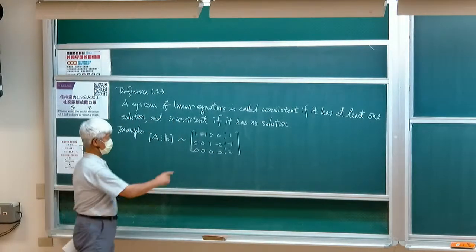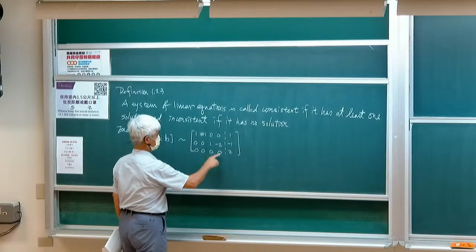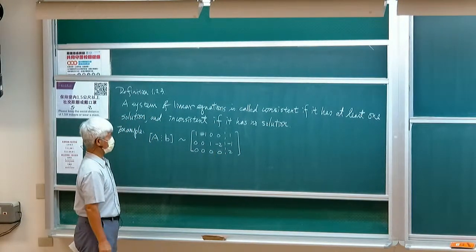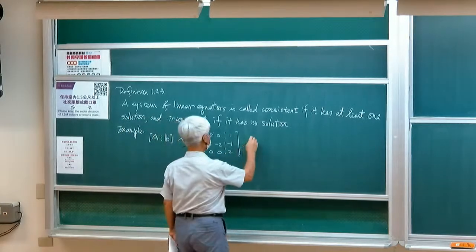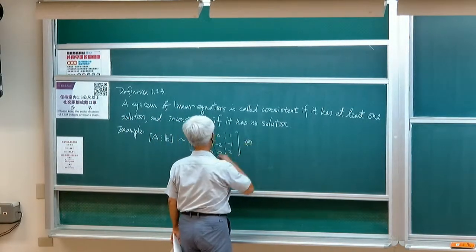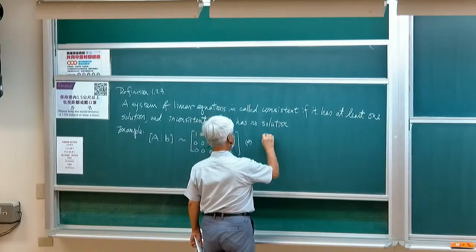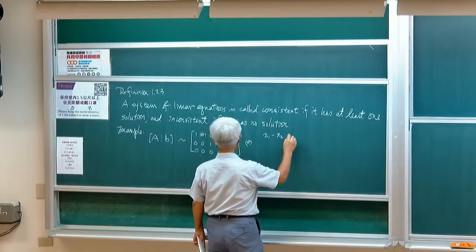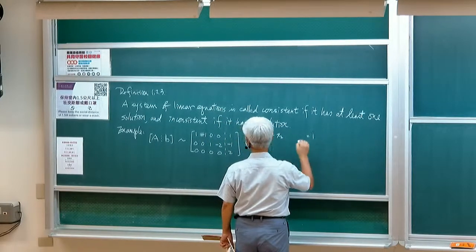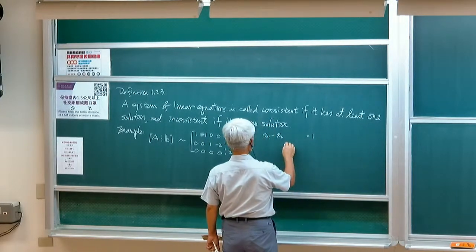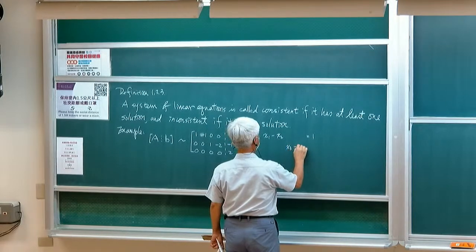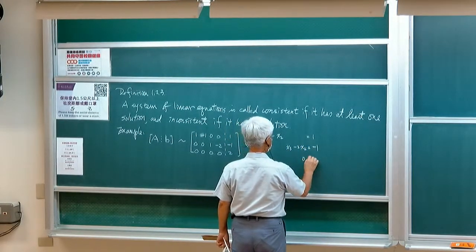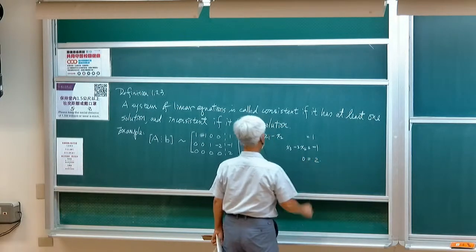Now we look at the last row here. If this is corresponding to a linear system, the last row says 0 equals 1.